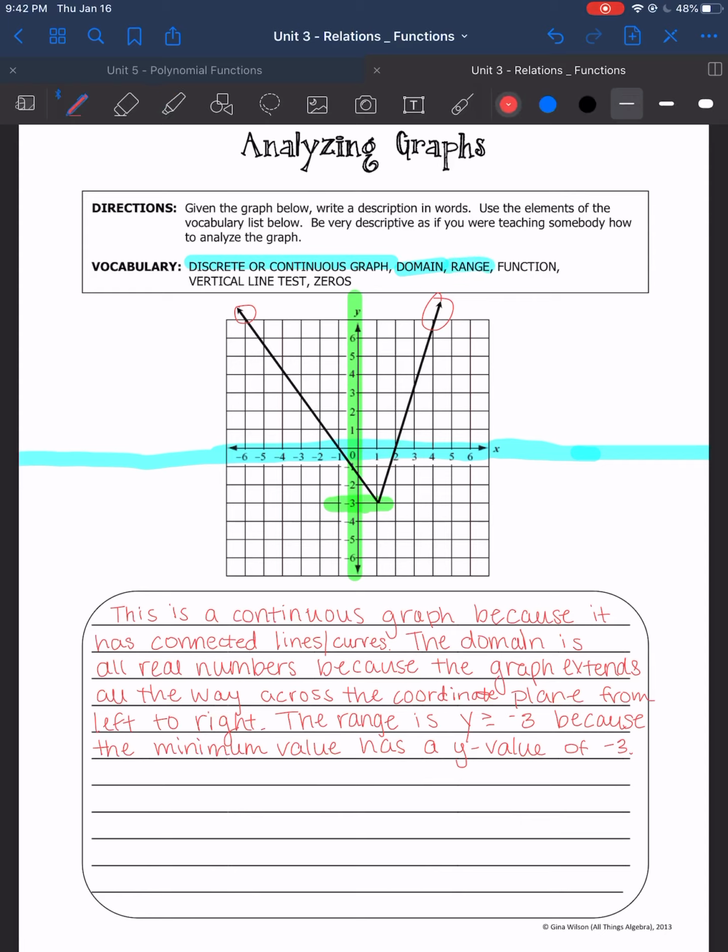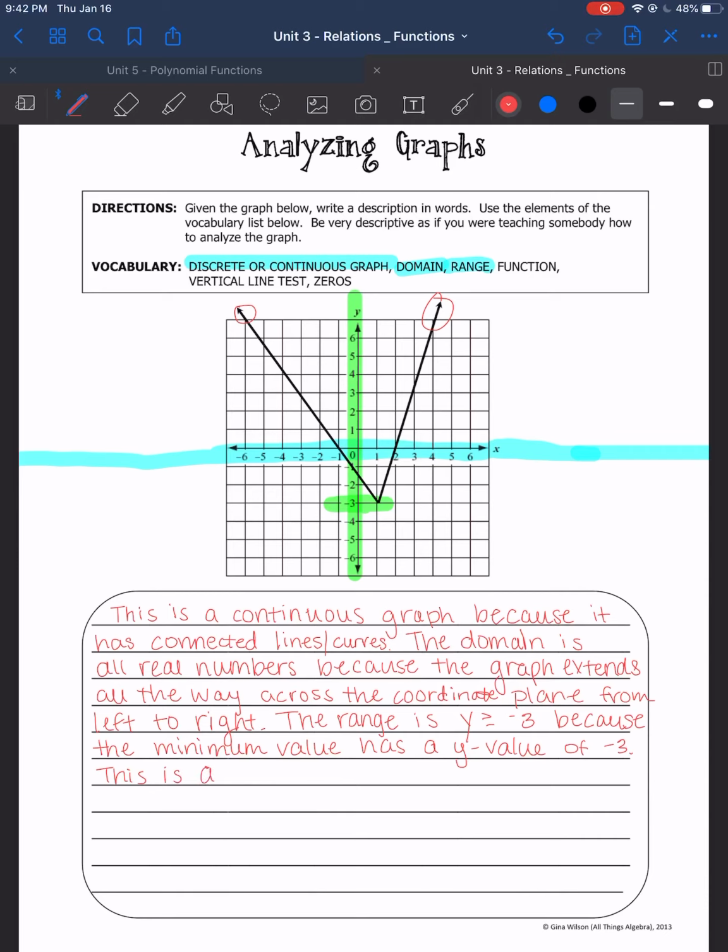Now we're going to talk about function. Is this thing a function? Well, it has to pass what to be a function? What kind of test does it have to pass? Think about that for a second. The vertical line test. So it passes the vertical line test, so it is a function.